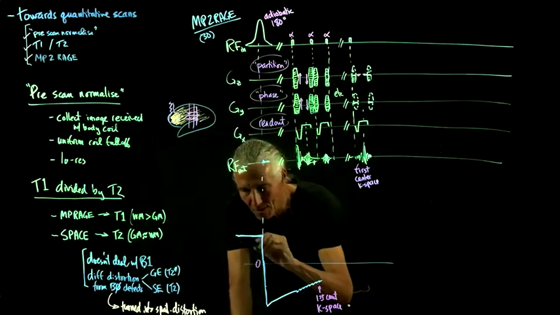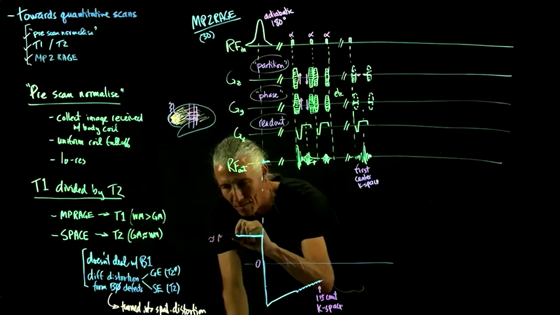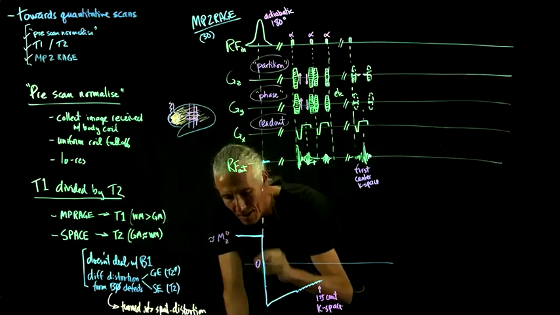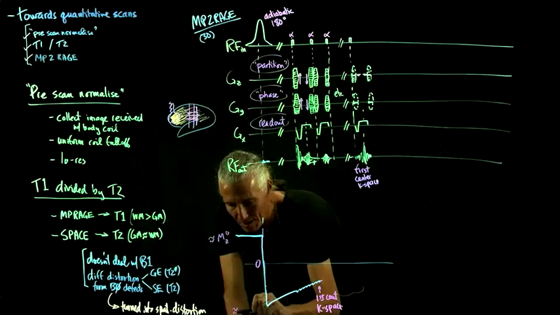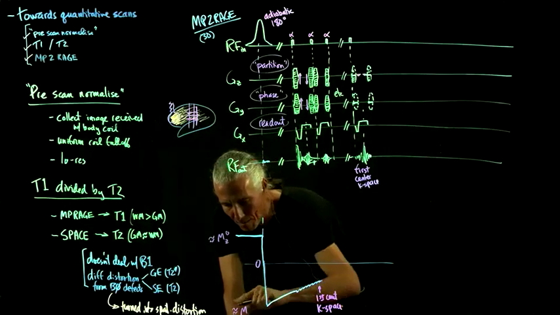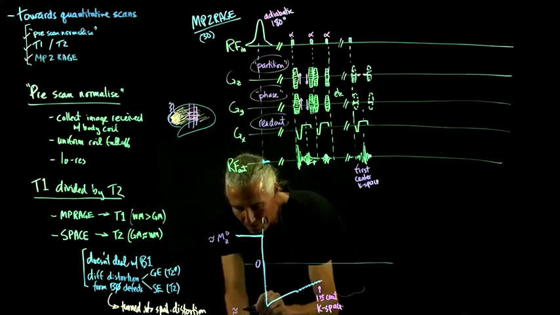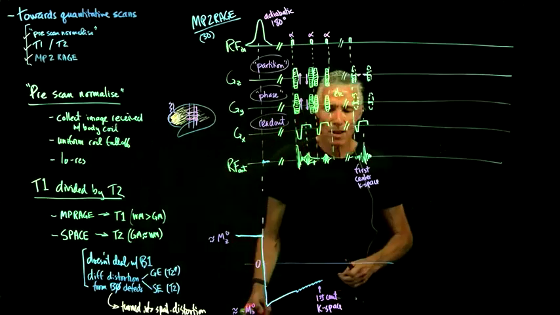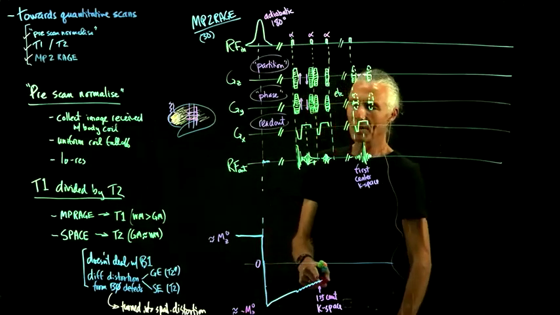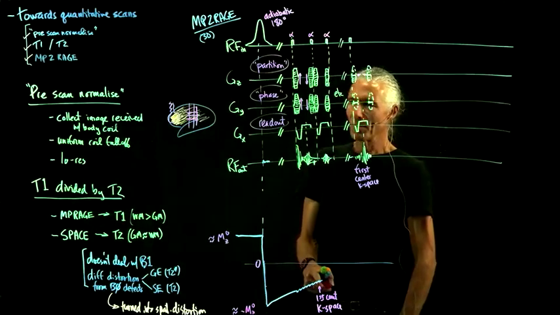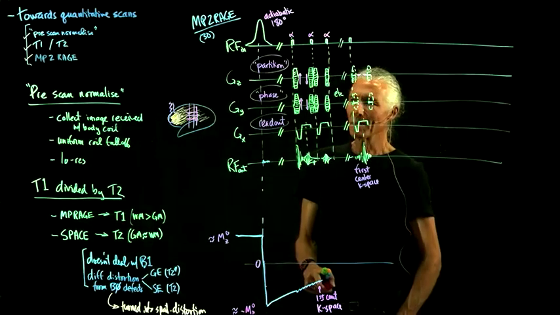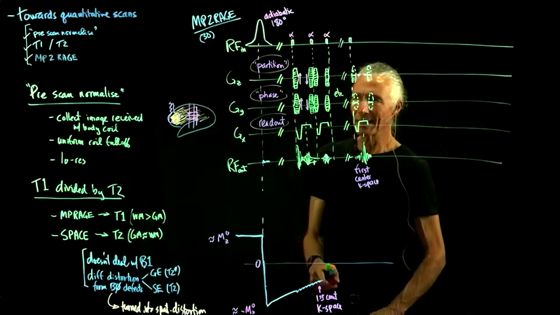So there's 0. This is about MZ0, and this is about minus MZ0. Since this is relatively soon afterwards and we haven't really recovered, we're going to get something that looks like a proton density weighted scan.